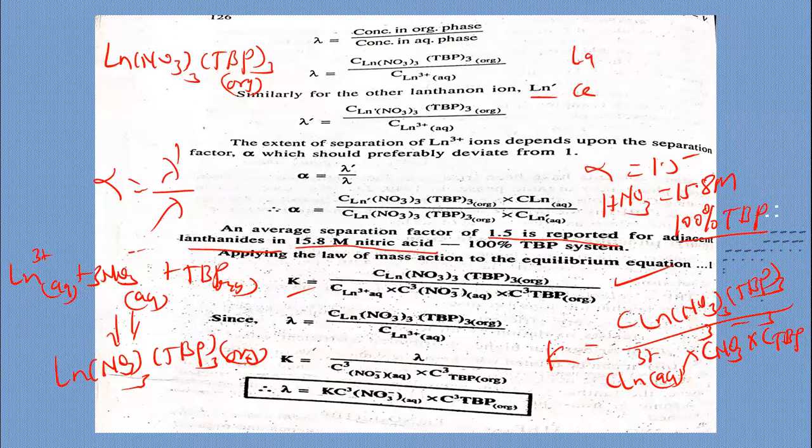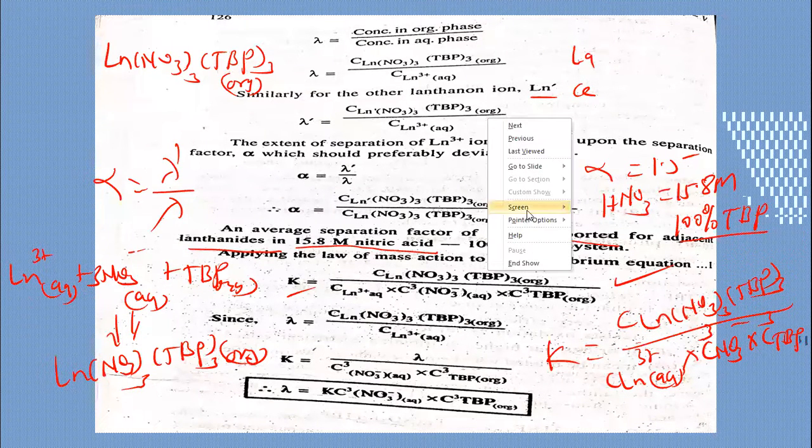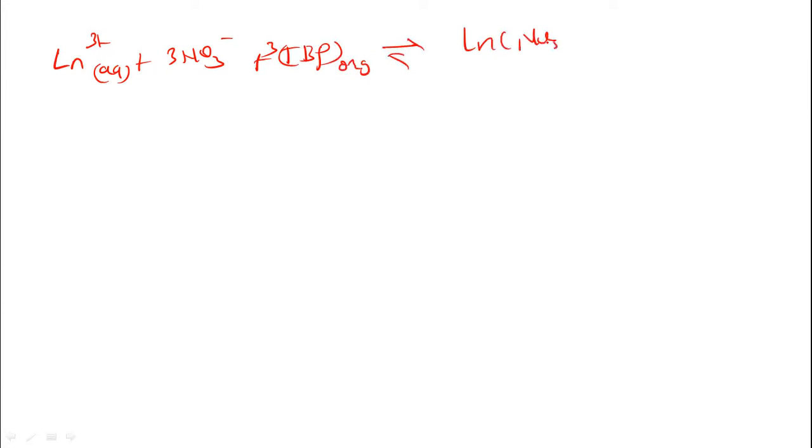Stability constant K is equal to... but once again, I would like to show this. One minute. Okay, see here. Let us write the complex formation process. Lanthanide ions are extracted from the aqueous phase into the organic phase, so this reaction takes place. This complex is going to form a neutral complex. This complex is formed there, that is known to us. So we can apply the law of mass action to this.